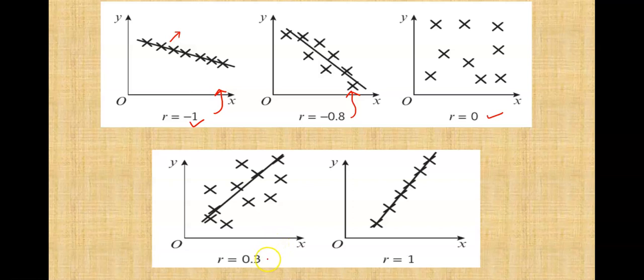When R is positive 0.3, the line will look like this. And if R is equal to 1, the line will be going like this. This is just an example to make you understand how the scenario will look if you plot the graph. But in this topic, we are not going to plot the graph. We are just going to find the product moment correlation coefficient with the help of a calculator.